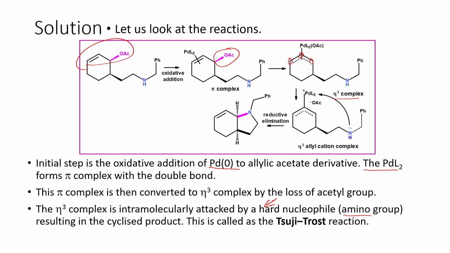So these are two ways the reaction can proceed. And since nitrogen is a hard nucleophile, when we are trying to figure out how the reaction actually takes place, the hard nucleophile will attack only the palladium species. So that is how the intramolecular attack takes place, and that leads to the nitrogen from the above face.